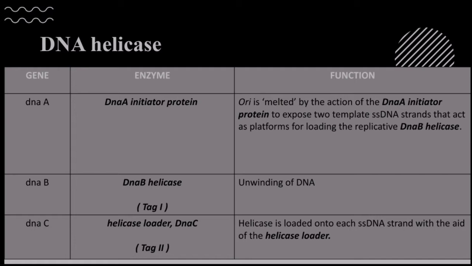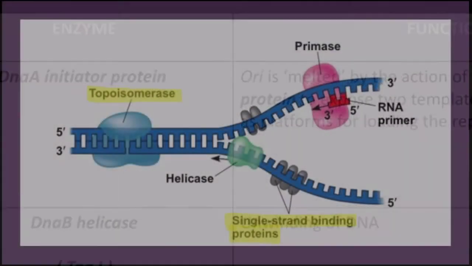This is also known as Tag 1 in eukaryotes and it is involved in the unwinding of DNA by breaking the hydrogen bonds between the nucleotides. Helicase loader, also known as DnaC, is encoded by the gene dnaC. It is involved in helping the DnaB helicase to come and bind at the single-stranded DNA strand. This is also called Tag 2 in eukaryotes.